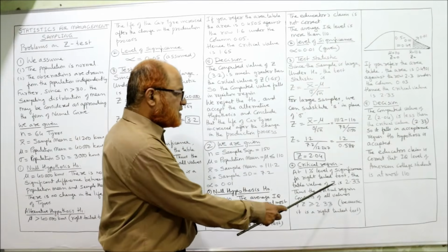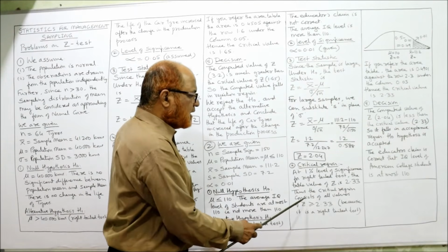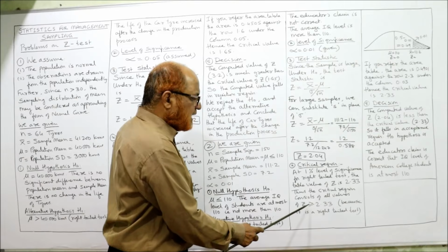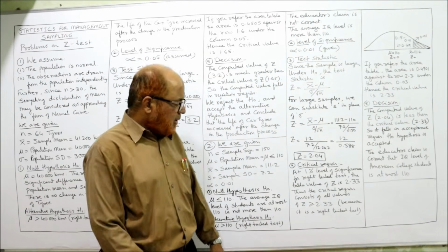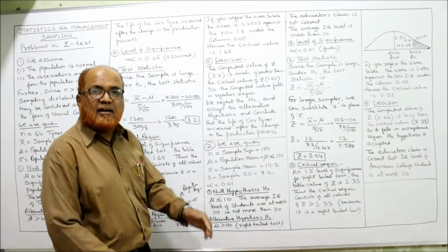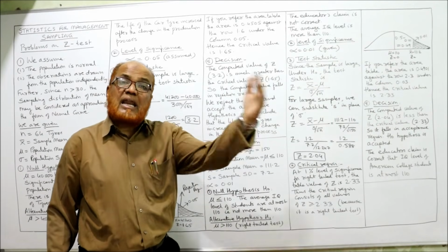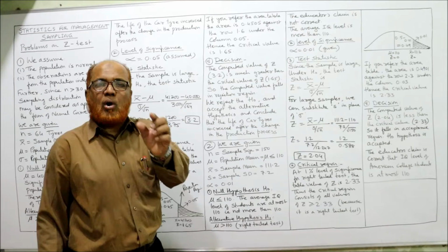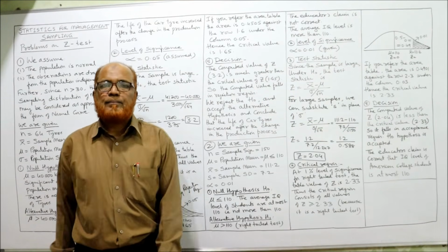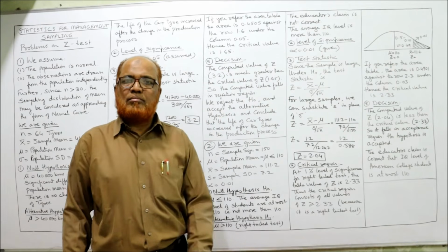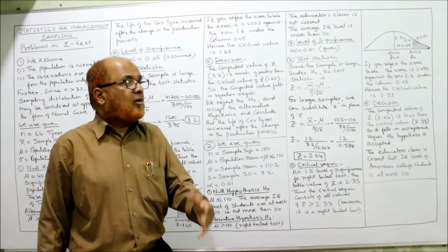How 2.33? I'll explain. The critical region consists of all values of Z greater than 2.33, because it's a right tail test. The greater than sign means the rejection region will lie on the right side. So all the values greater than 2.33 will go in the rejection region.